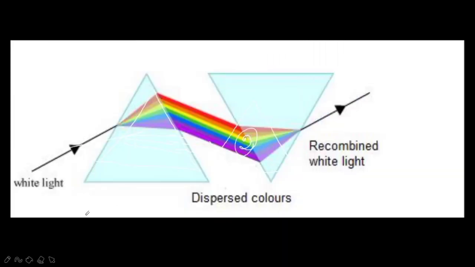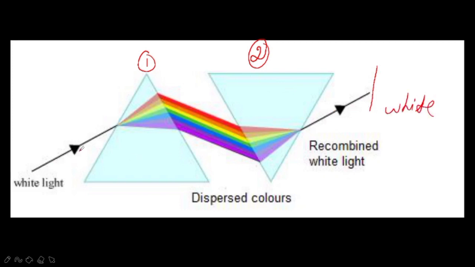See here, this one is the first prism, this is the second prism. So whenever he placed the second prism in the inverted manner, and then on the screen, you know what he got? He got the white light back.